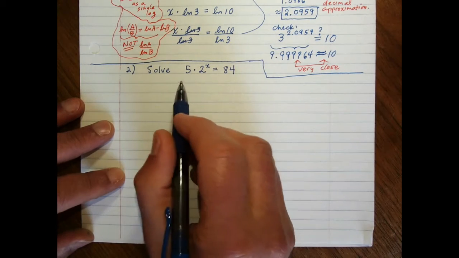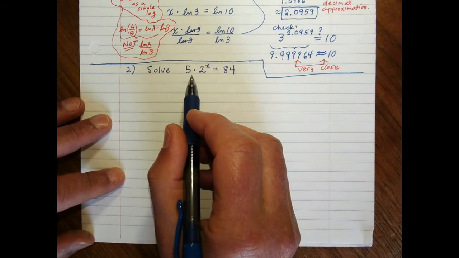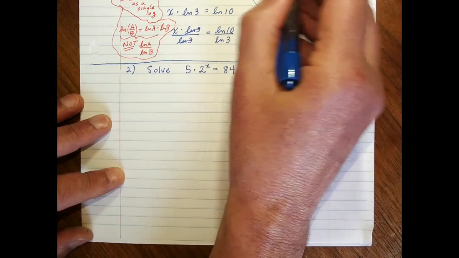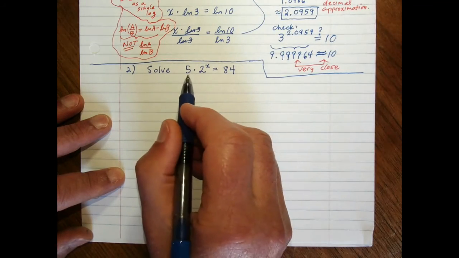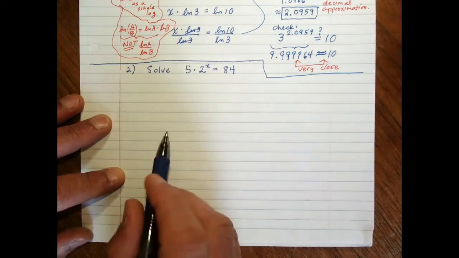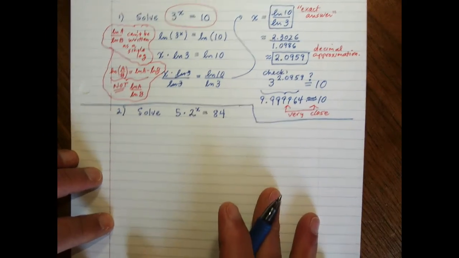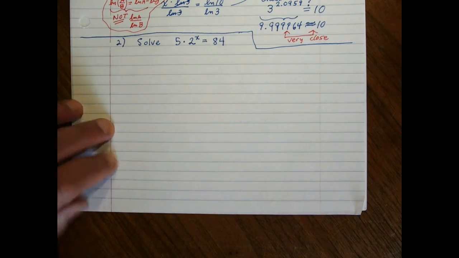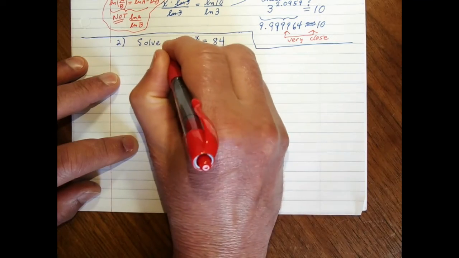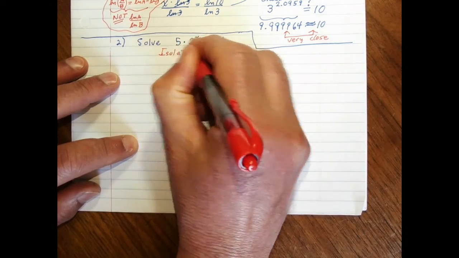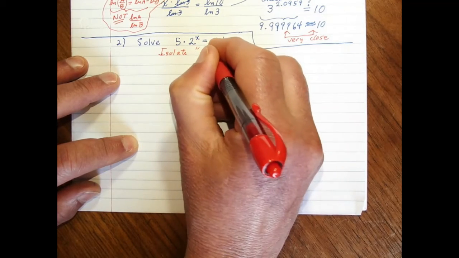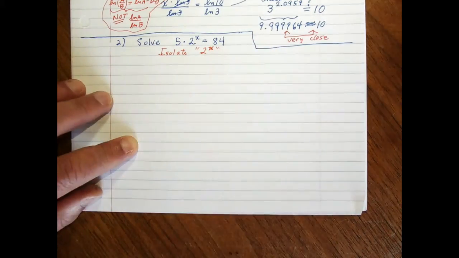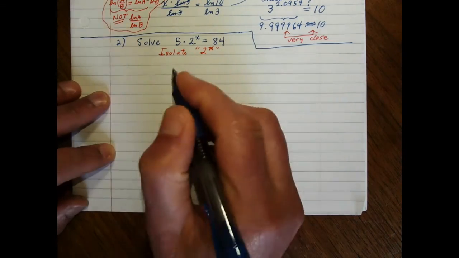This is similar to what we just did, but a little bit more complicated in that we want to isolate the exponential expression. So before I take ln of both sides like we did in the previous problem, what I want to do is isolate 2 to the x on one side.